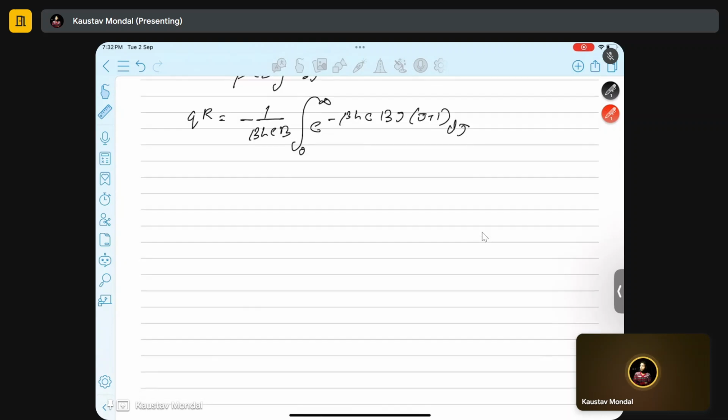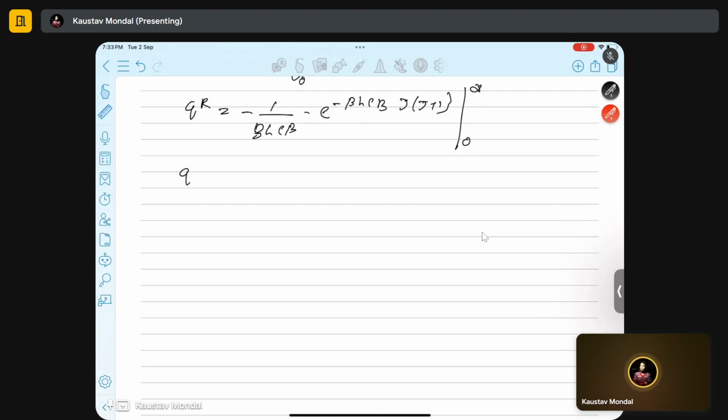Now if you do the integration again, it will become Q_R equal to minus 1 by beta HCB into e to the power beta HCB J into J plus 1, with the integration running from 0 to infinity.